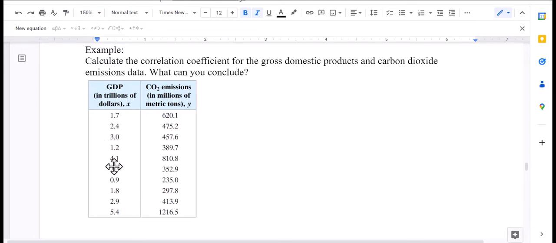So the highest one there, 5.4, is the highest. That would be a very well-developed country. But then notice their CO2 emissions are also very high, right? When you're able to export and have a high producing country, it comes at a risk.